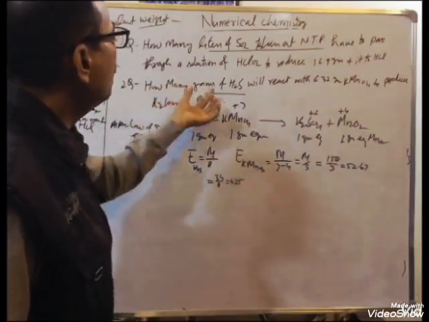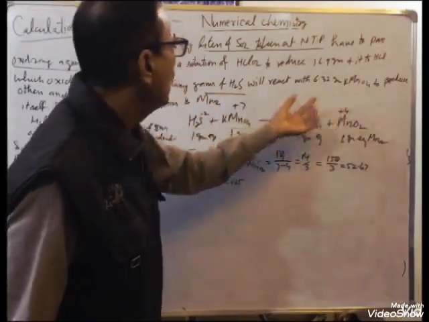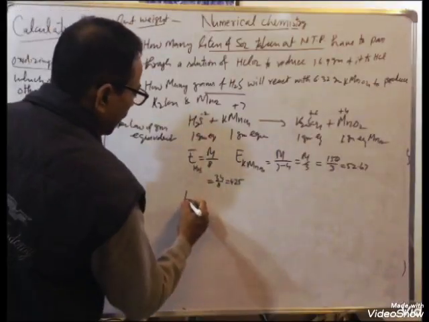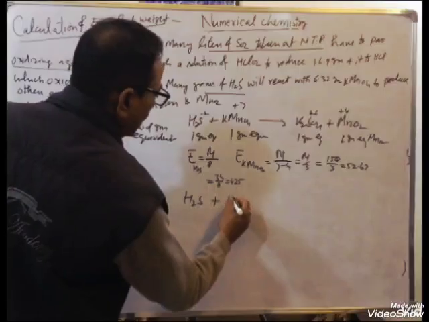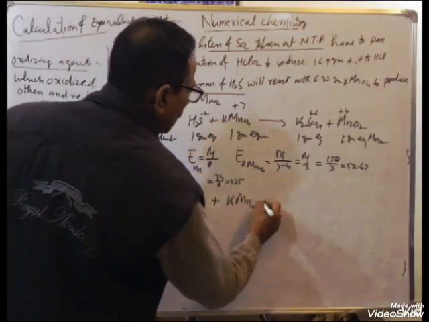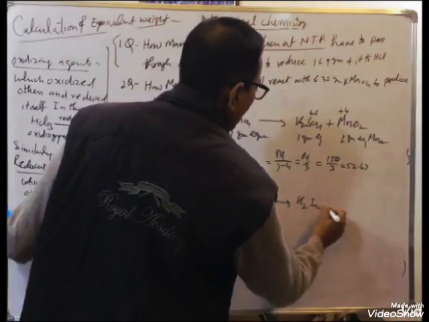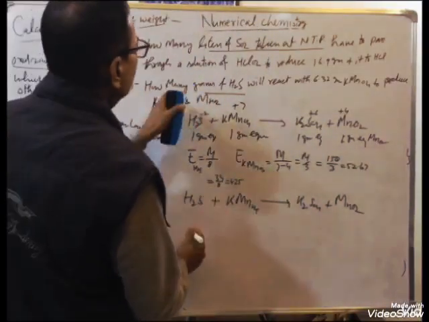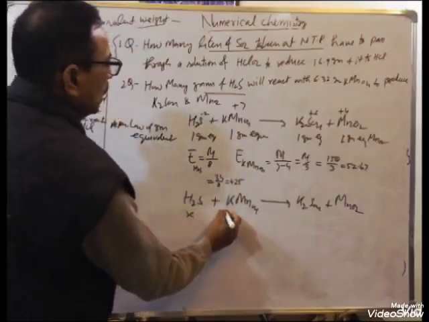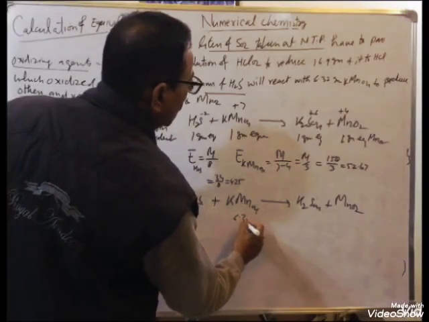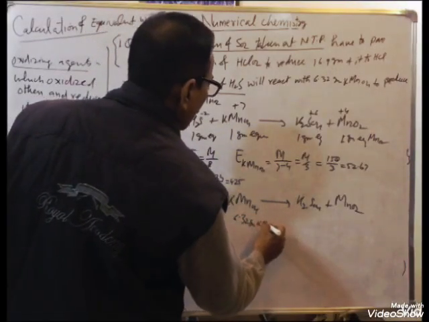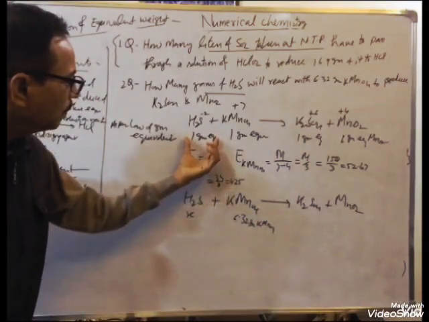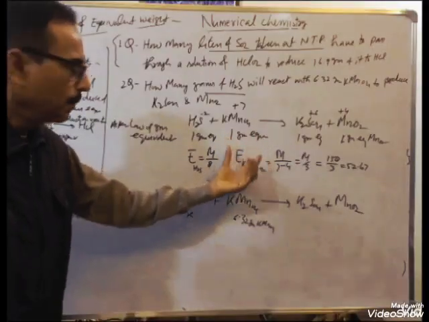Now the question is how many grams of H2S will react with a given gram of KMnO4. Again write the equation, H2S plus KMnO4 forms K2SO4 plus MnO2. Suppose X gram H2S reacts with 6.32 gram KMnO4. So you know the gram equivalent of H2S equals the gram equivalent of KMnO4.